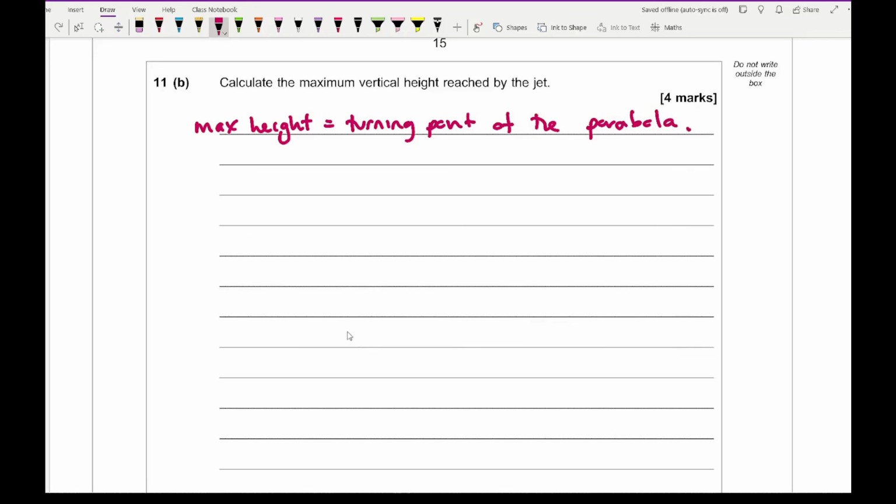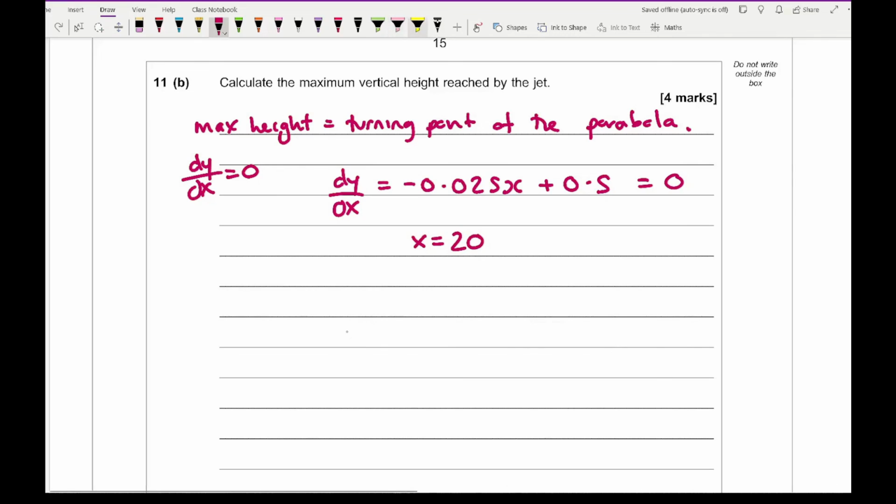For this we know that dy/dx equals 0. So if I work out dy/dx, it's going to be -0.025x plus 0.5, and that equals 0. Solving this, I get x equals 20. It's this that I'm solving.